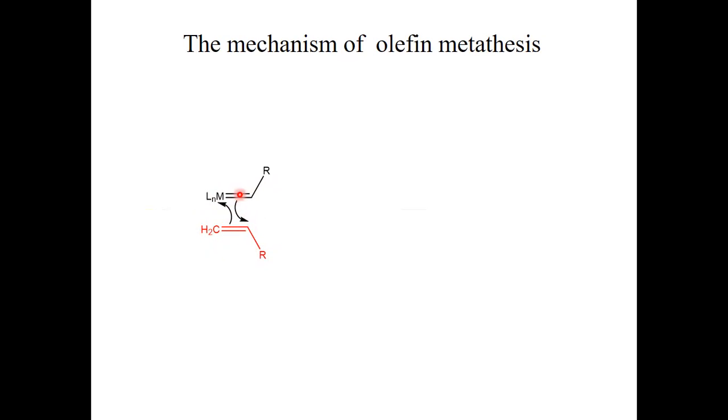So that means that this electron pair here reacts with this carbon to make a carbon-carbon single bond. And this electron pair here in the other carbon, in the carbon-carbon double bond, basically reacts with the metal to make a carbon-metal single bond.